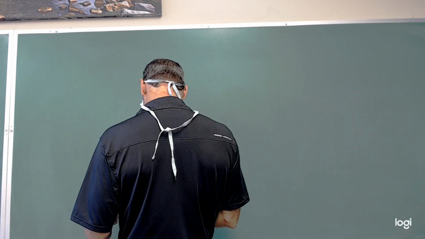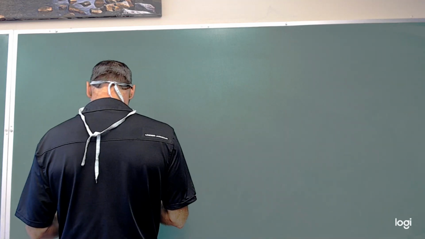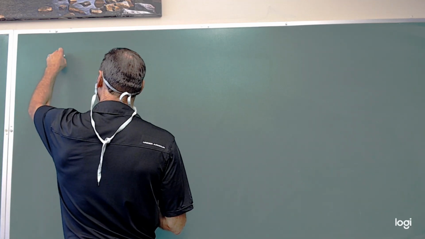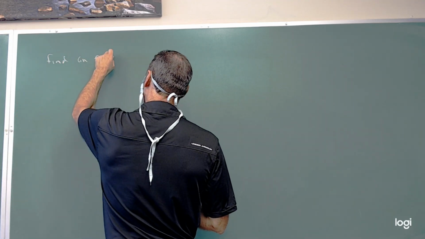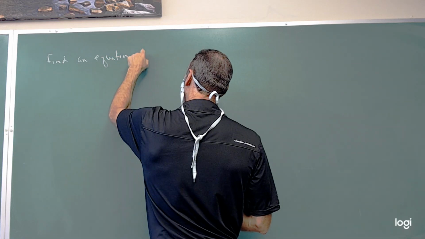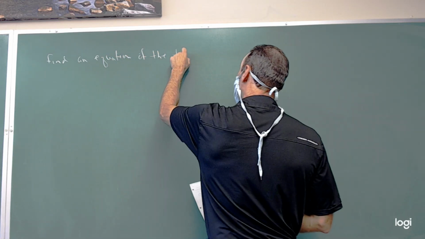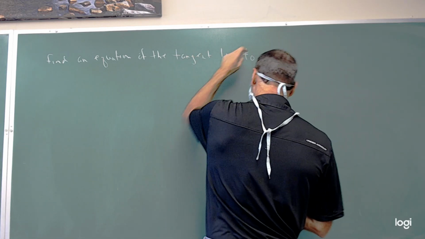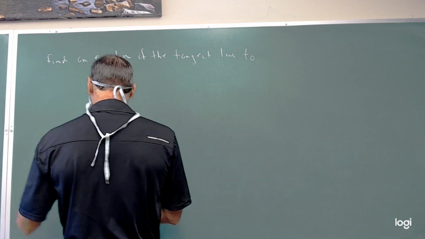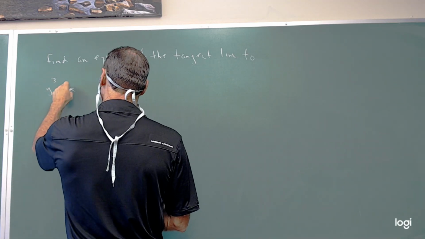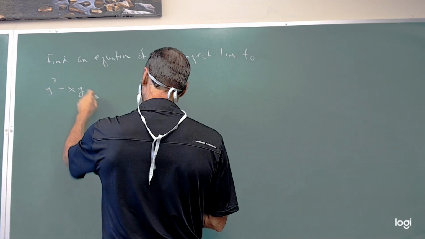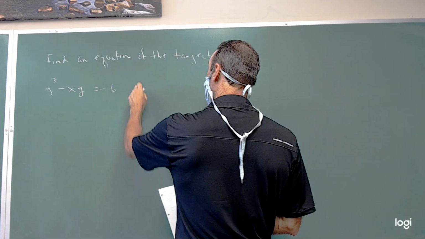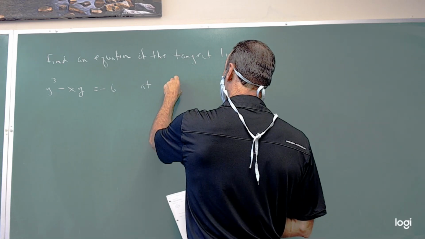So let's see if we can find an equation of the tangent line to the curve y cubed minus xy equals negative 6, at x equals 7.